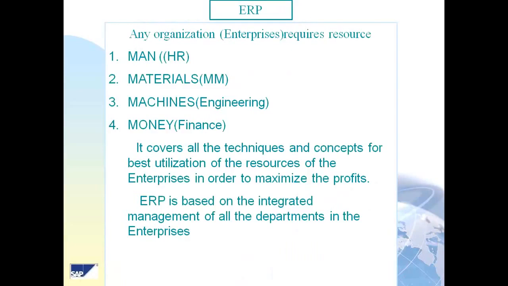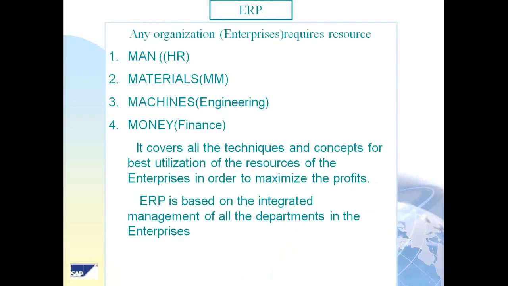Okay. So the resources. What are the resources required for any organization? Man, materials, machine, money. So the whole ERP system is based on the integrated management of all the departments in the enterprises. It covers all the techniques and concepts for best utilization of the resources of any enterprise, for the maximization of profits.